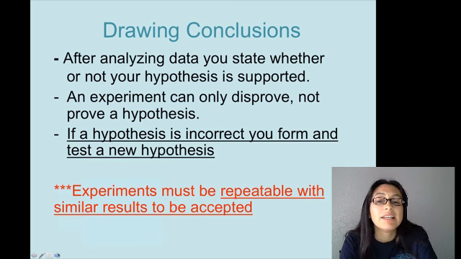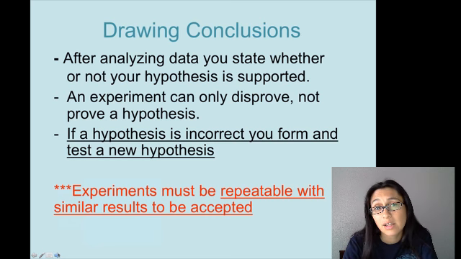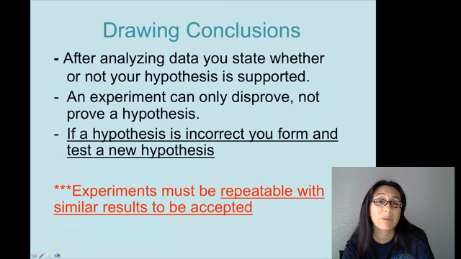Second thing, in an experiment, remember that your hypothesis can be disproven, but you can never say your hypothesis has been proven. You can't be 100% on anything. So if your hypothesis is supported, that means, yeah, it's a possible answer to your question, but there might be others out there. So we can never say it's proven. We say our hypothesis is supported.